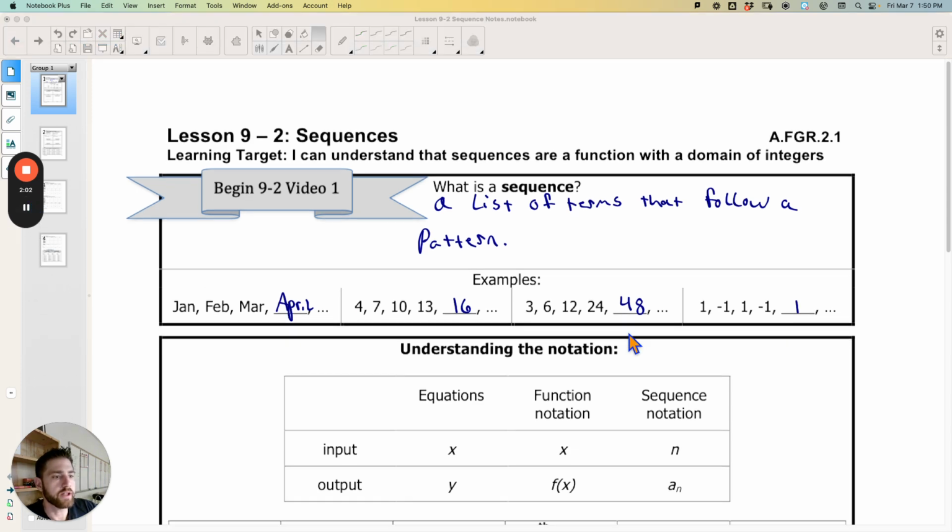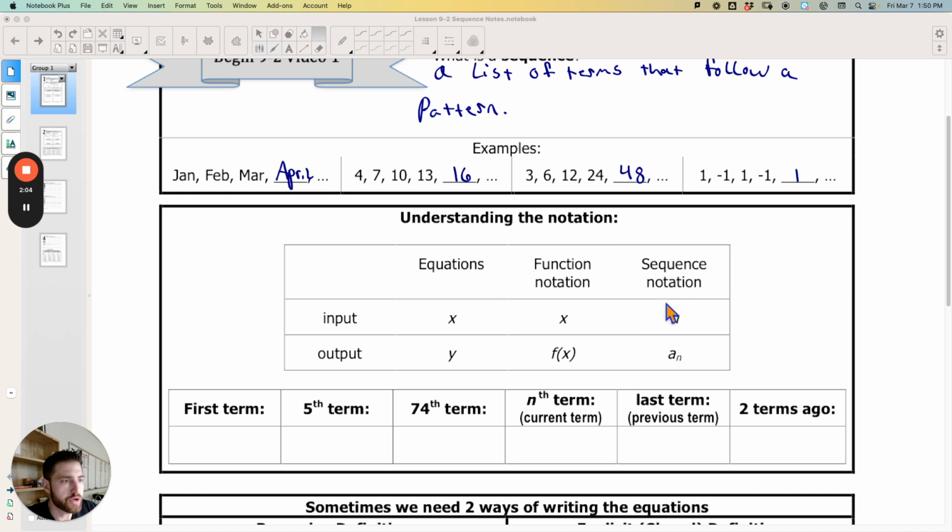Alright, so let's go look at this little chart here to understand what the notation is. This is just trying to relate sequence notation to a type of notation that we've seen in the past called function notation, or like whenever we're looking at equations. So n is essentially going to be the same as what we've called x in the past, and a sub n will be what we've called y or f of x.